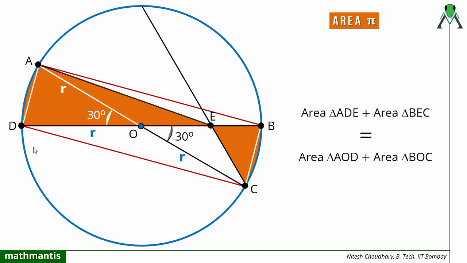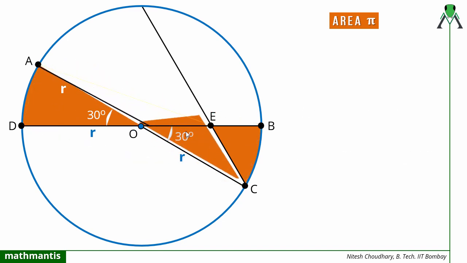But we have concluded that these two area sums are equal. Now take a look at these two triangles. This triangle is congruent with this triangle and this triangle with this triangle. We can see that the area in this triangle must be equal to the area in this triangle. So this is the property we will use to solve this question.